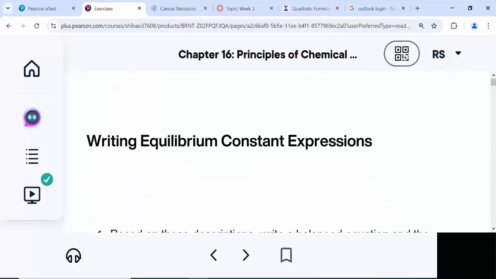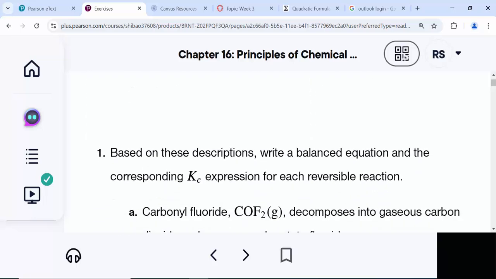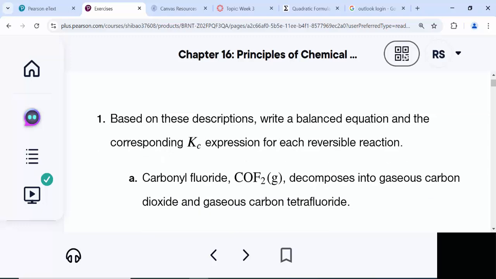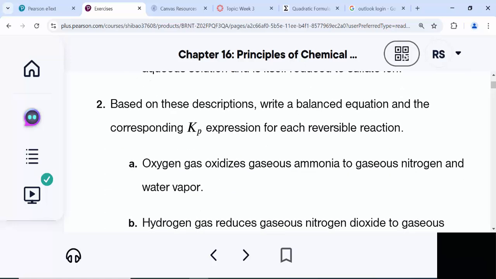Equilibrium constant expressions is products over reactants. There's a Kc. Kc is for molar concentrations: concentration of products raised to the respective coefficients divided by the reactants. Kp is for pressures.